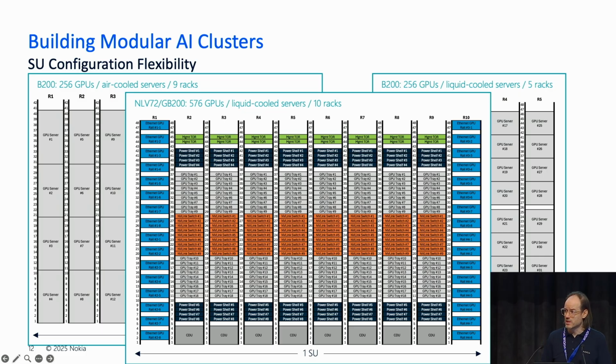An SU in this case might be 576 GPUs, each liquid cooled, and that's going to take up 10 racks. I just mean to say that the actual footprint of each of these SUs can vary from operator to operator, GPU type to type, and so on.